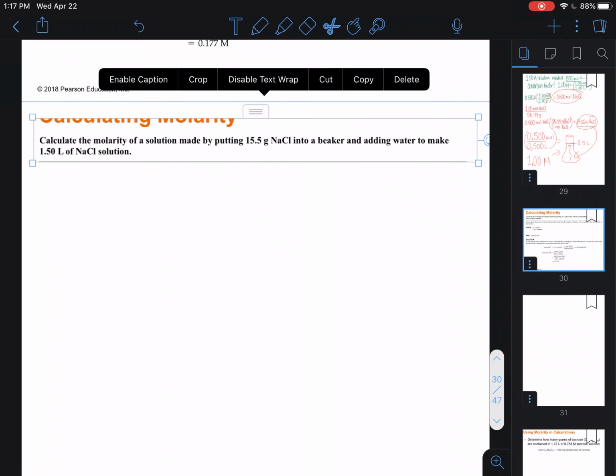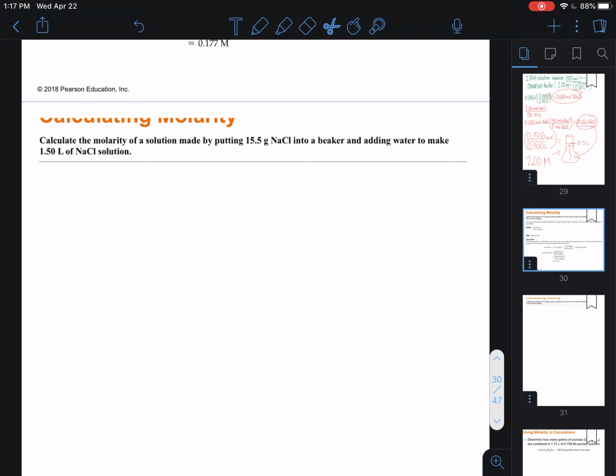All right, so we're calculating molarity. Calculate the molarity of a solution made by putting 15.5 grams NaCl into a beaker and adding water to make 1.5 liters of solution. So we have 1.50 liters of solution.